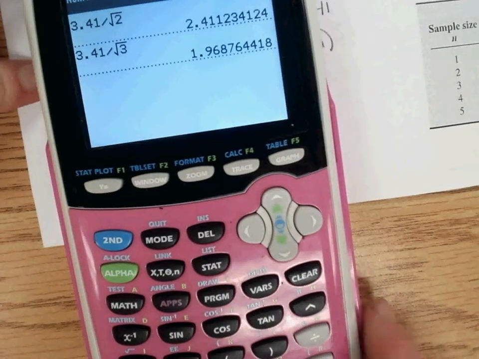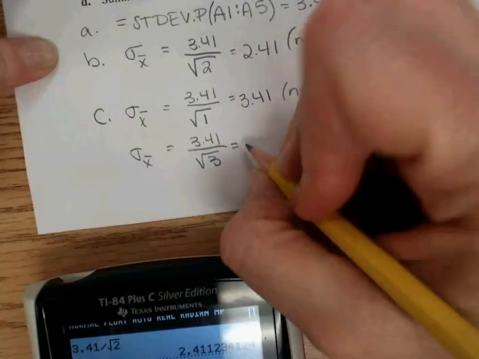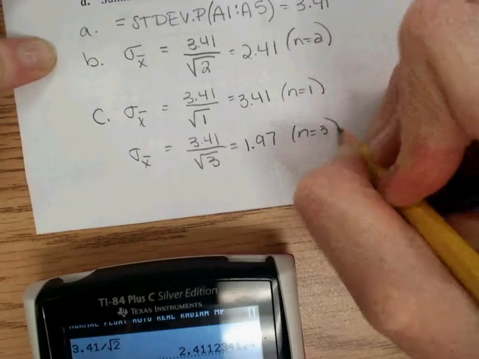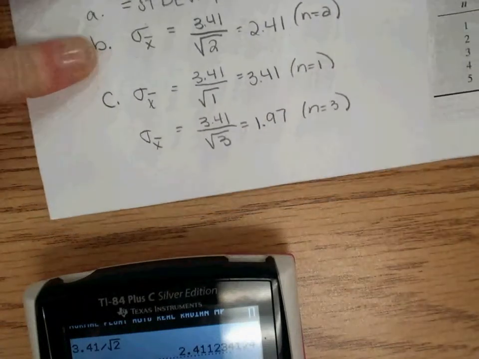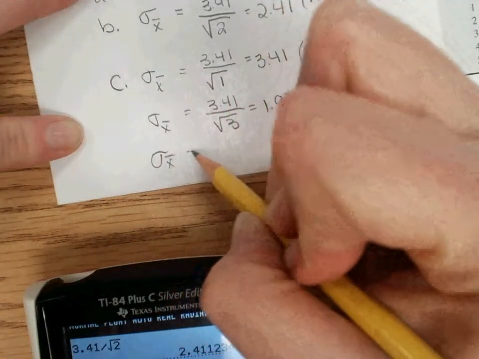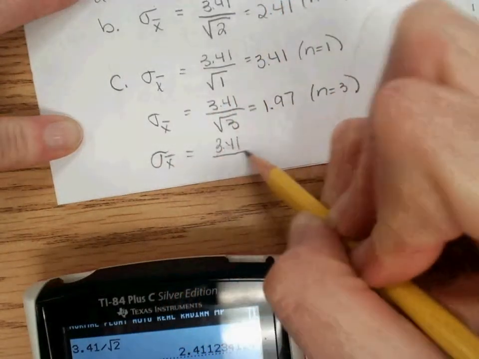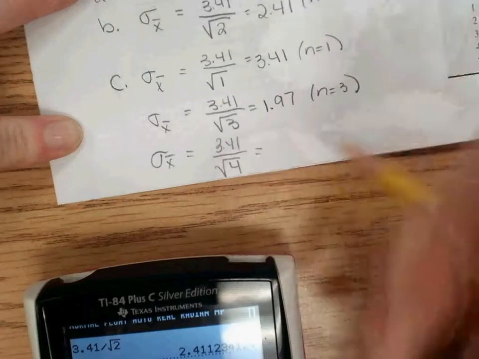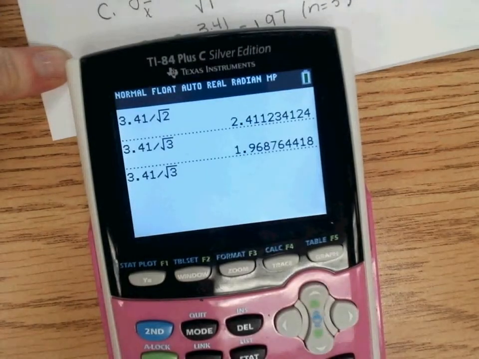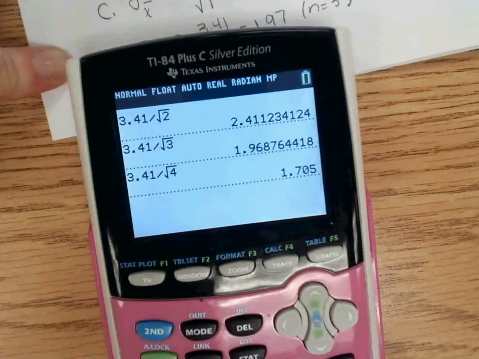It's 1.97, rounding to the nearest hundredth, when n equals 3. Then 3.41 divided by radical 4 gives us 1.71.